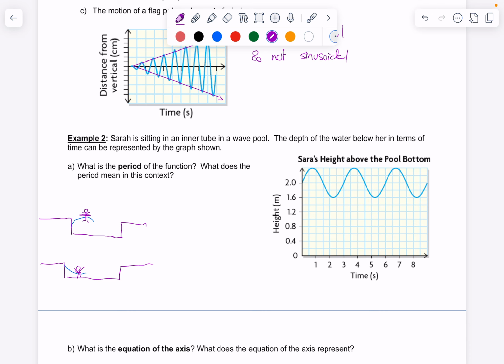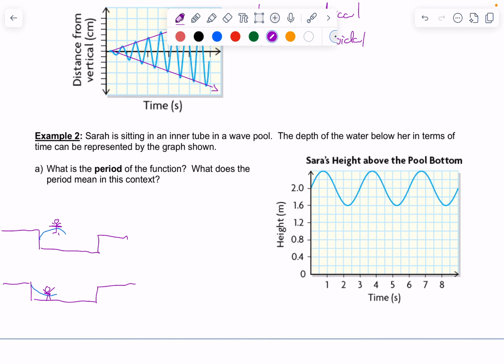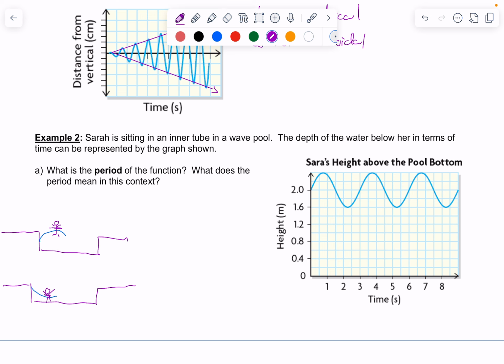So we need to figure out, okay, well, this is a sinusoidal pattern. It looks identical to what we were graphing before. So let's find when the pattern repeats itself, because however long it took you to get to the start of the new pattern, that's your period.